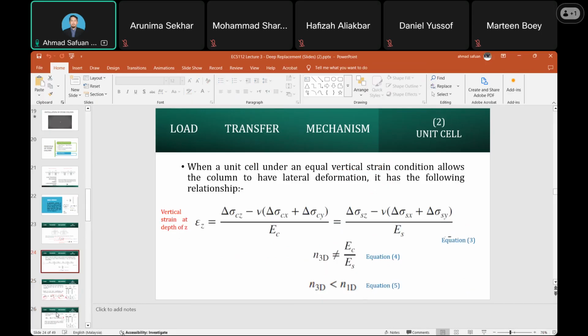When a unit cell under equal vertical strain conditions allows lateral deformation, it has the following relationship.